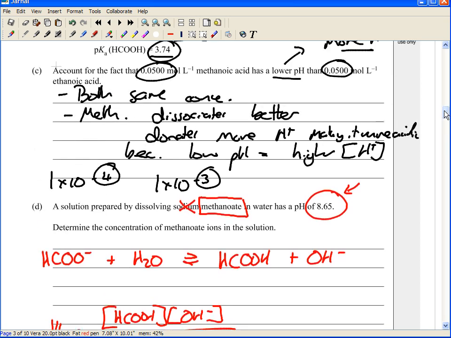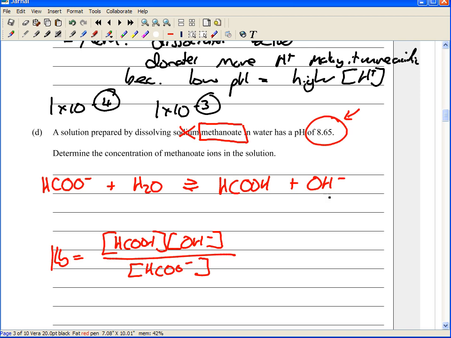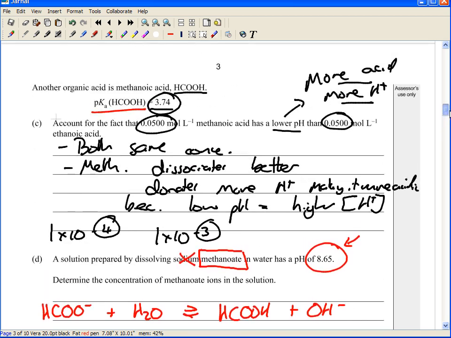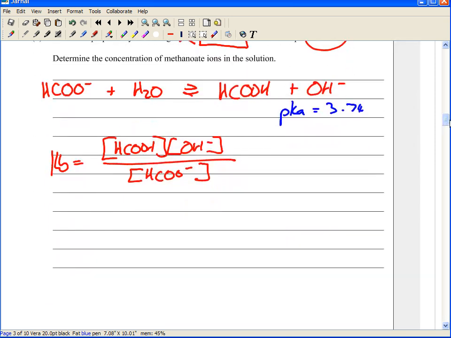Right, now we know already the Ka value, because we know the pKa. Okay, what was that again? I missed it. 3.74. So pKa equals 3.74. Is that right? Yep. Cool.